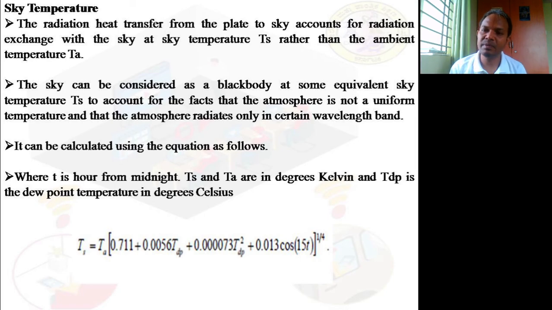But when we are talking about solar systems, we have to concentrate on the sky temperature at the terrestrial region. Is it clear? The sky can be considered as a black body at some equivalent sky temperature Ts to account for the fact that the atmosphere is not at a uniform temperature.